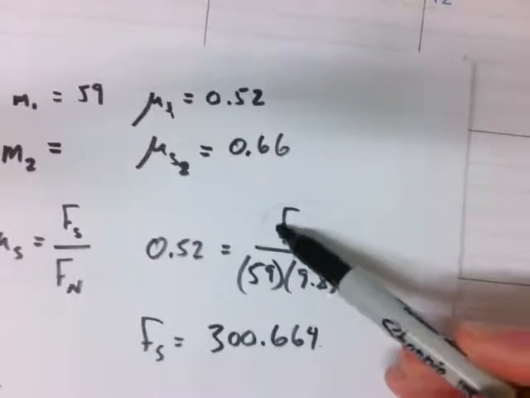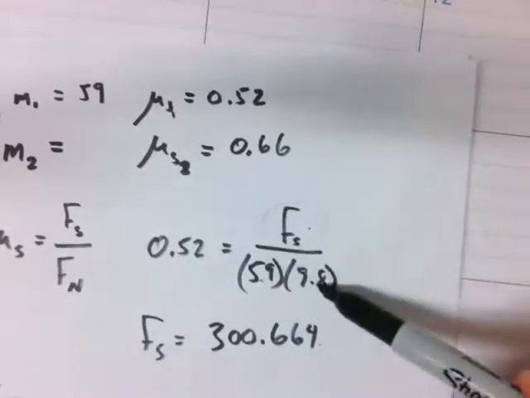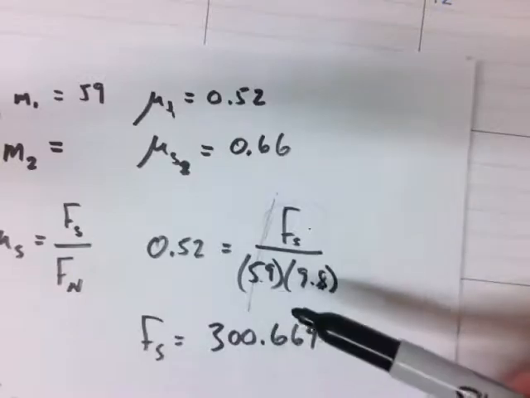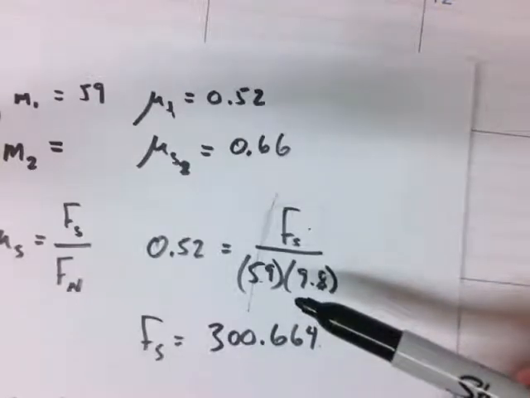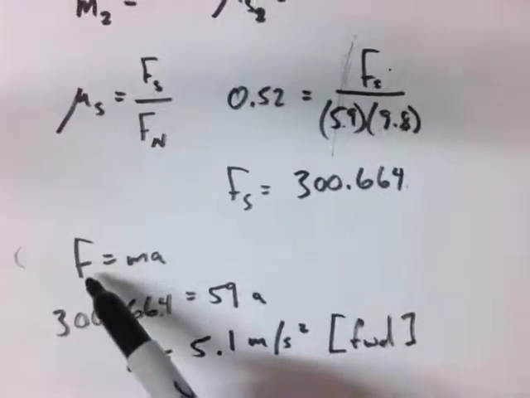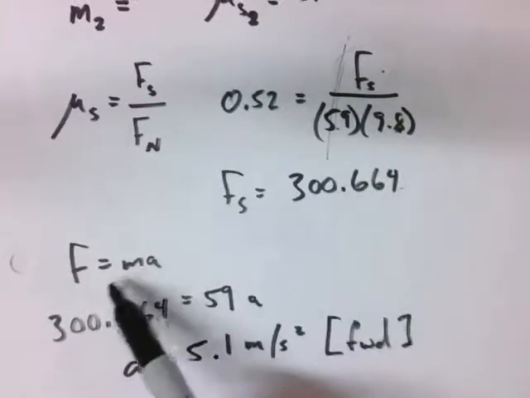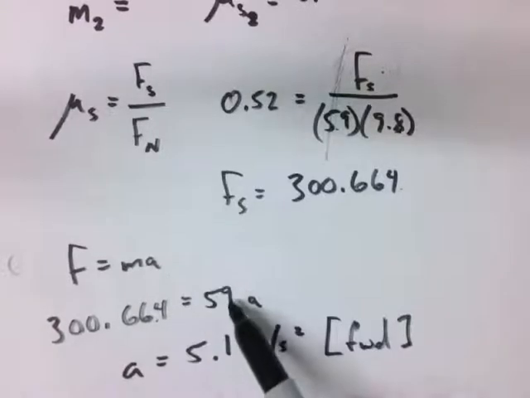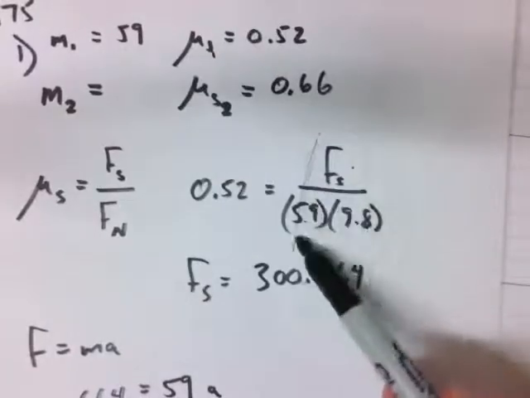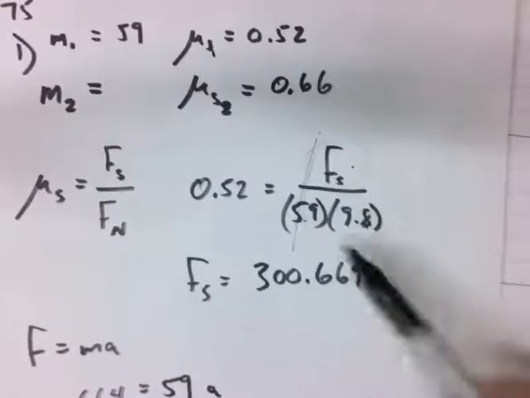So really, this is mass times acceleration over mass times gravity. The masses would cancel. F equals ma. We would have 59 on the top and the bottom when solving for a. That's essentially what we're doing.